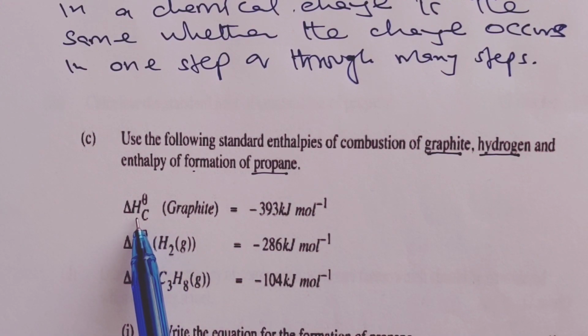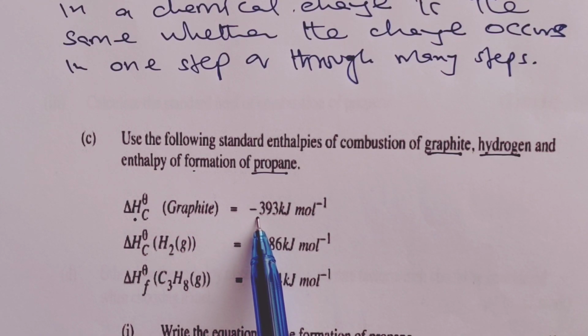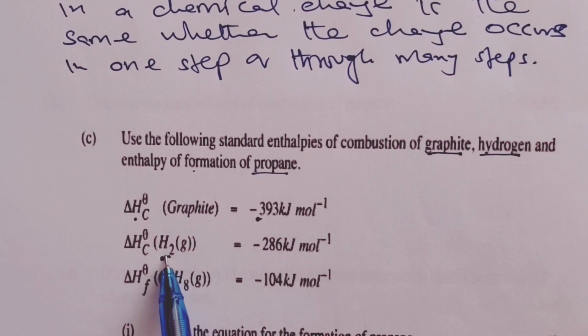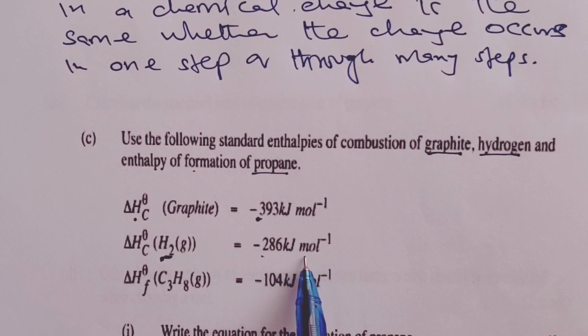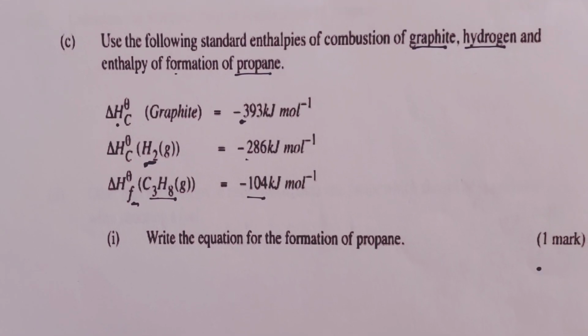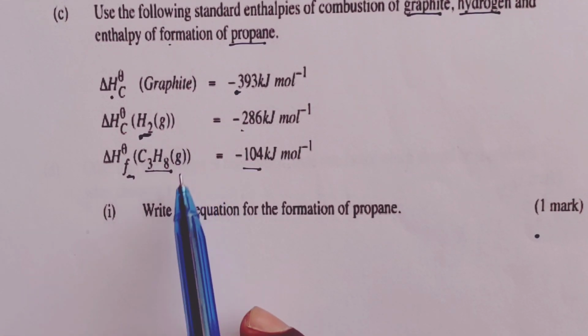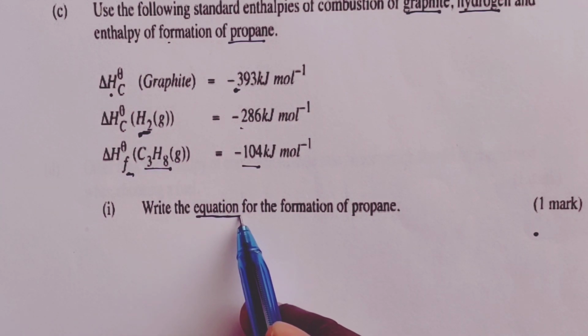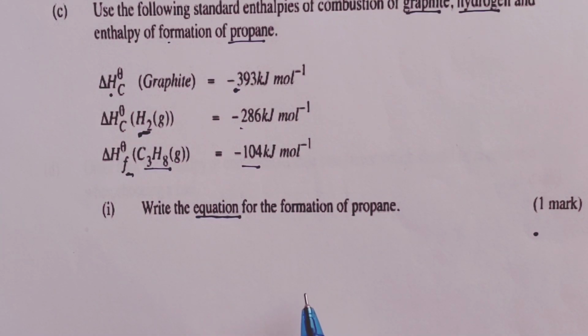So this is the enthalpy of combustion of graphite given as negative 393 kilojoules per mole, enthalpy of combustion of hydrogen given as negative 286 kilojoules per mole, and then we have enthalpy of formation of propane given as negative 104 kilojoules per mole. So using this data, the first question now asked us to write the equation for the formation of propane.